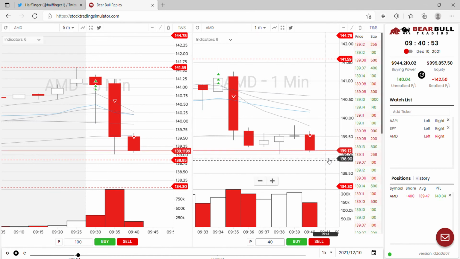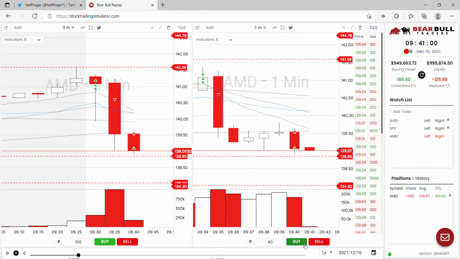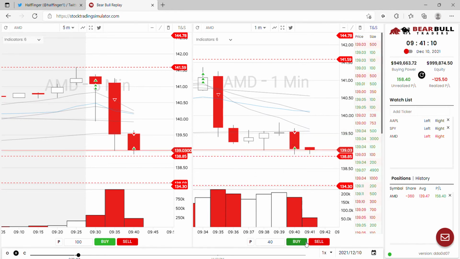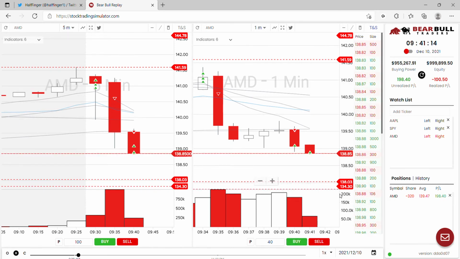Let's see if we can come to this level here. Yeah, I can. So now we are at 1R. We have our stop loss here, and now we have a 1R move, so I like to take the first partial there and then move my stop to the break-even point.